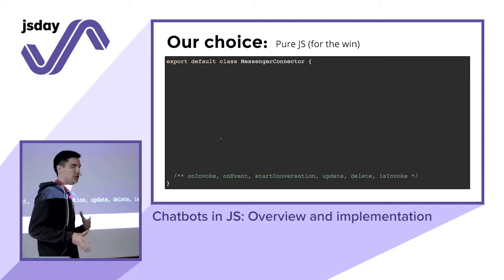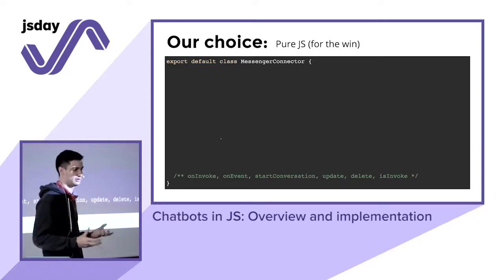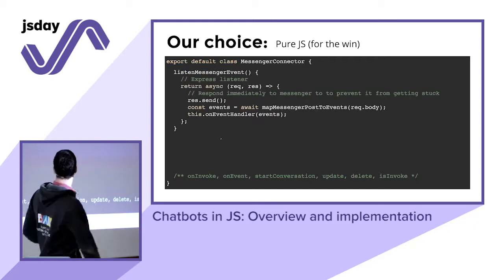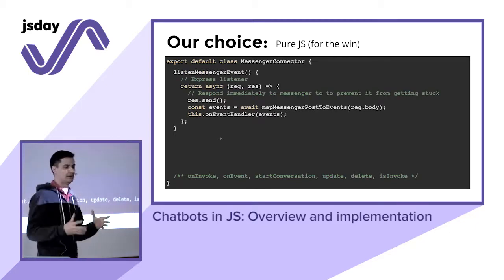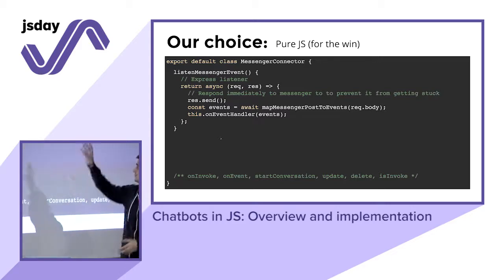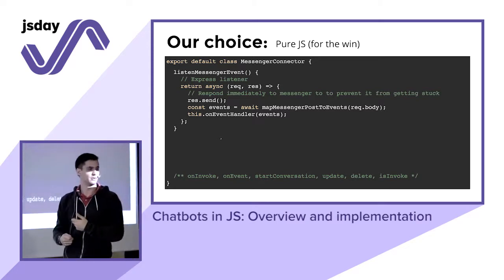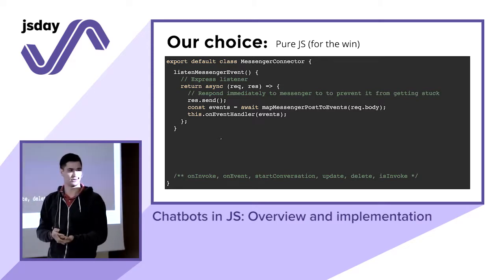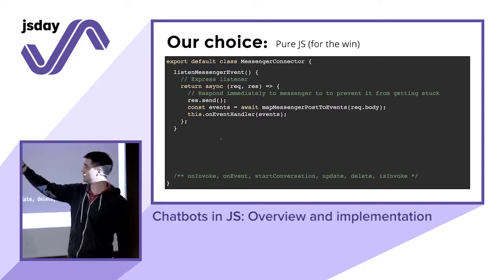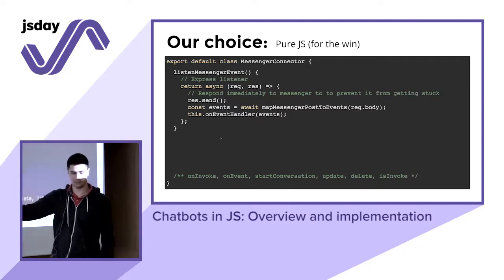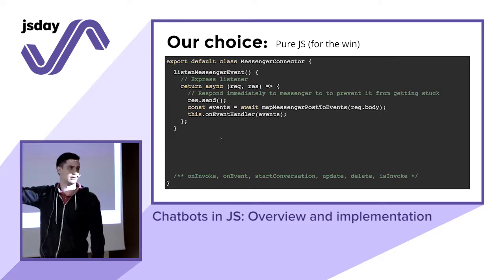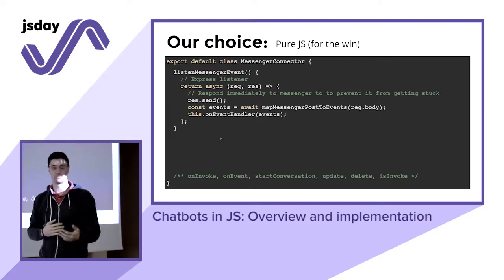So to use one with bot builder, you have to implement a connector interface, which means that you have to implement two main methods. The first one is the listener, which will handle incoming messages. This is an Express listener; depending on the server library you use, you can change it. Whenever you receive a message, let's say from Messenger, first you will send a 200 answer to Messenger to prevent it from blocking.